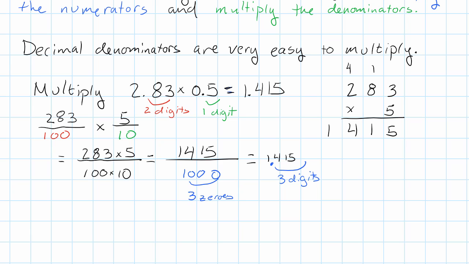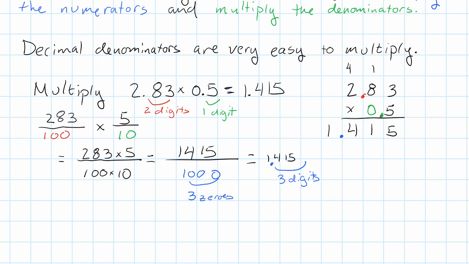Okay, now let's put the decimal points back in. Right? We had 2.83, 0.5, and then our answer was 1.415. Now, this looks very different from what we saw in addition.